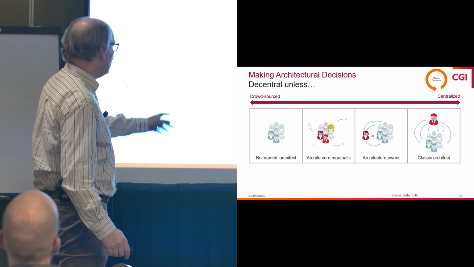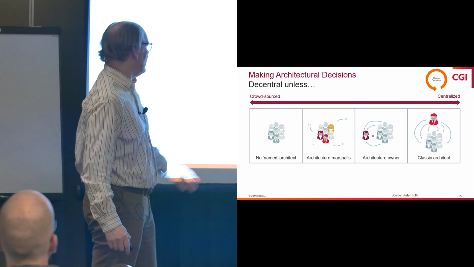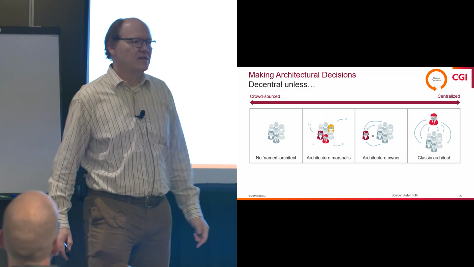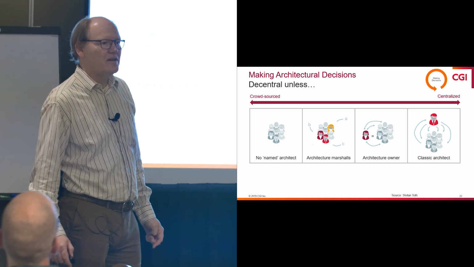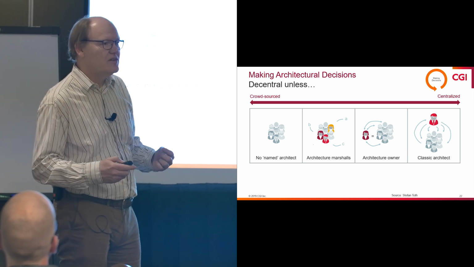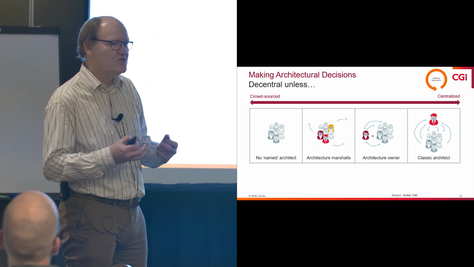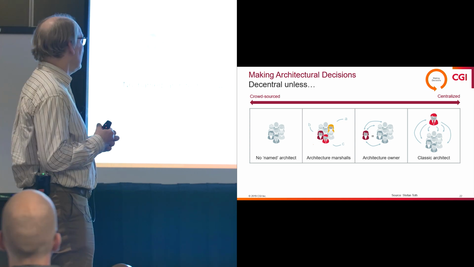And in the middle, there are a number of patterns that Stefan describes in his book. One of them is architecture owner, where we don't have the classic architect, but we have architecture owners in the teams that have special expertise, that feel some responsibility and ownership of specific architectural concepts or specific components because they just know about it more.